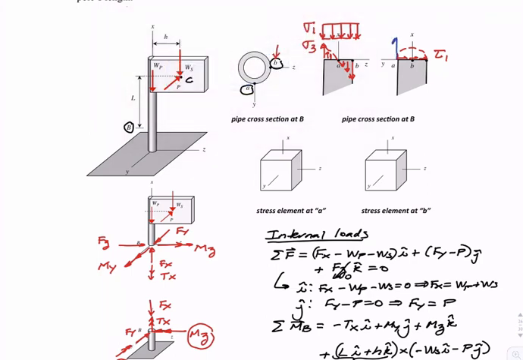It's going to be putting A in tension and the opposite side in compression. So what I'm showing here in blue is the normal stress there is sigma 2.